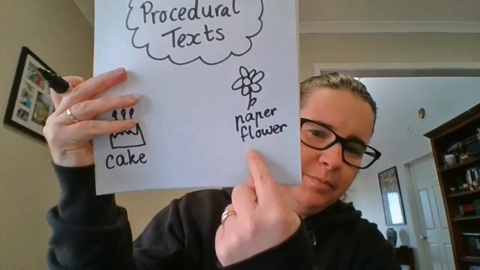Or we might do a procedural text about how to make a paper flower. And I'm going to try and write paper and a flower. And can you see? I've drawn a flower and a paper flower.